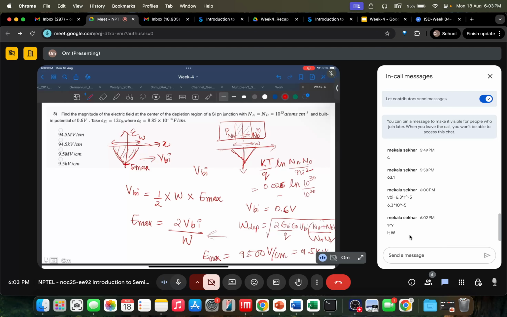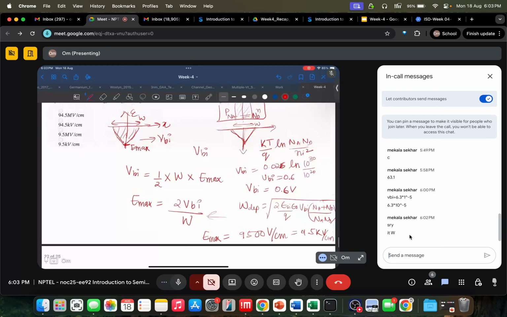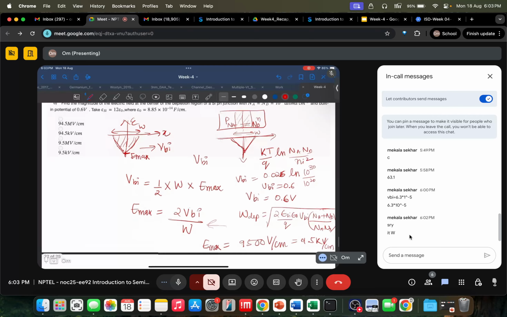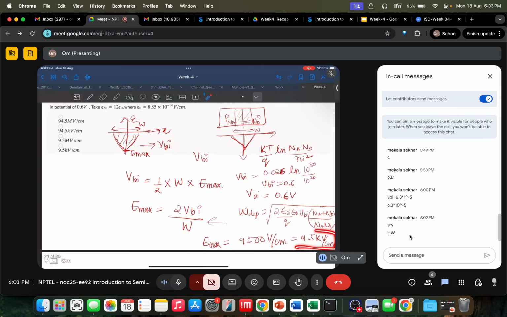So it will be 0.6 only. How are you getting? Okay, W. Okay, I have not calculated W specifically. Okay, but after calculation, you will get somewhere near this.